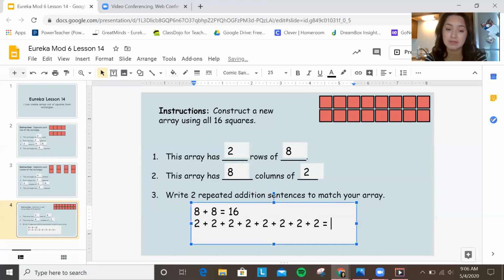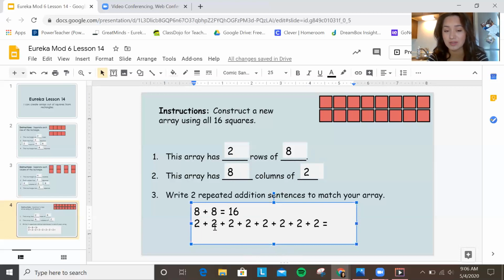Good. To make sure we got all of our addends in there, we know there are columns of 2. How many columns of 2? 8. So we should have 8 addends. Let's check. 1, 2, 3, 4, 5, 6, 7, 8. We're good.